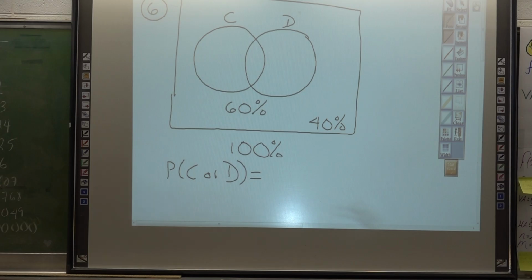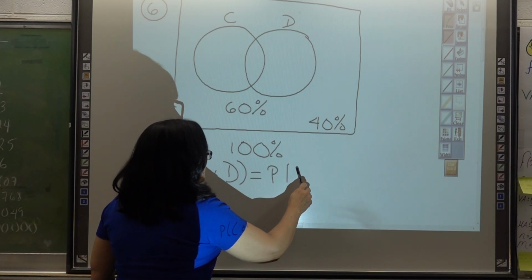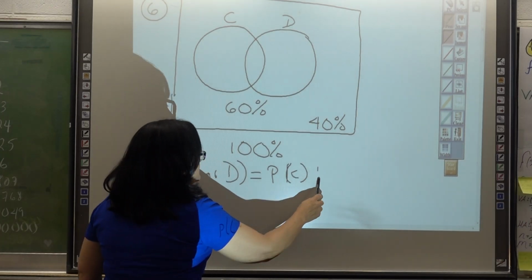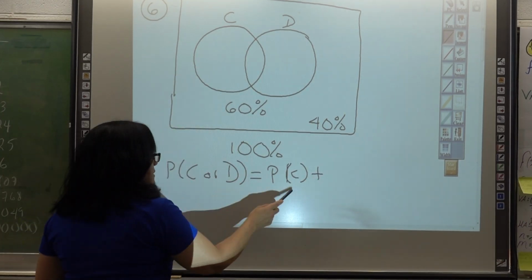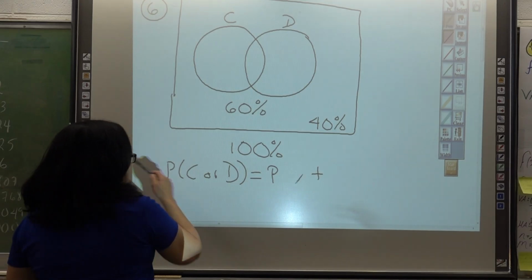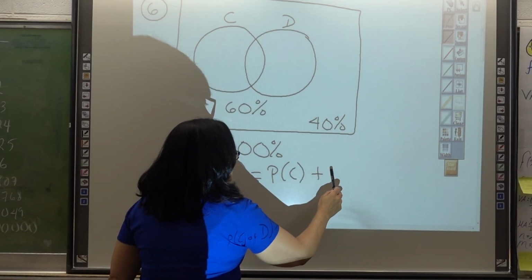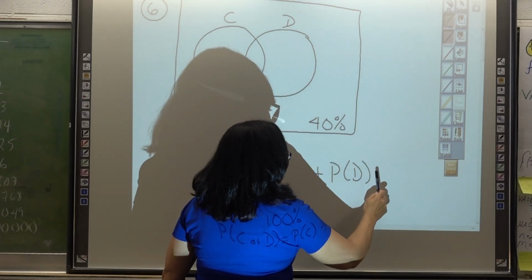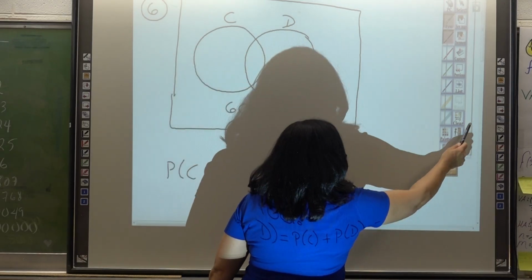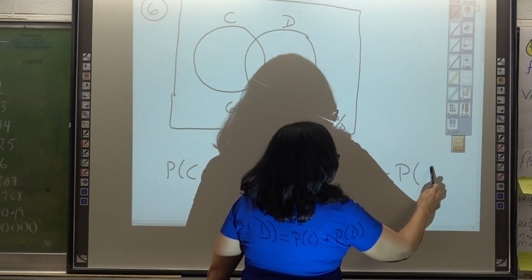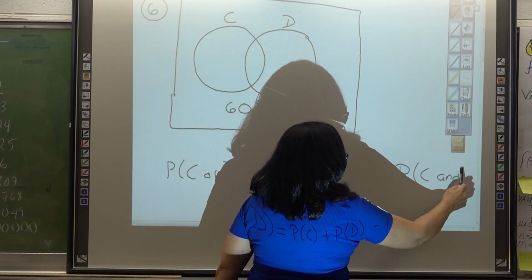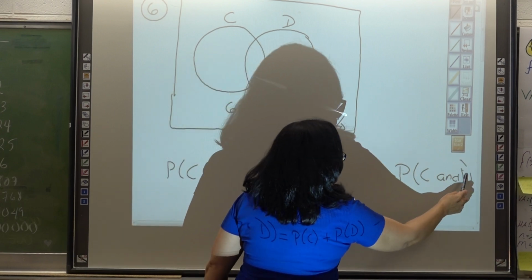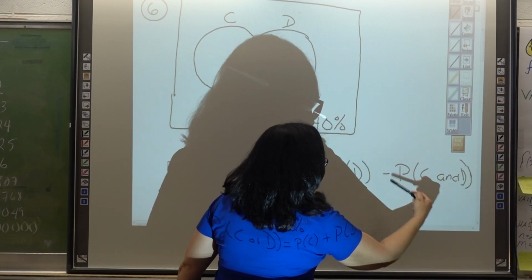Probability of C plus probability of D. What else? Minus the probability of C and D. And that is the one in the middle.